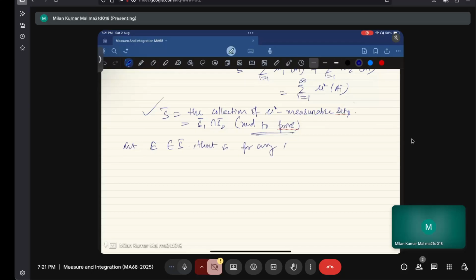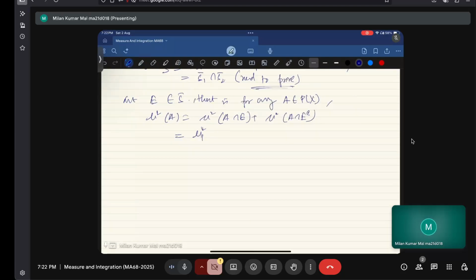For any set A in the power set, we can write mu star A equals mu star A intersection E plus mu star A intersection E complement. That equals mu1 star A intersection E plus mu2 star A intersection E plus mu1 star A intersection E complement plus mu2 star A intersection E complement.